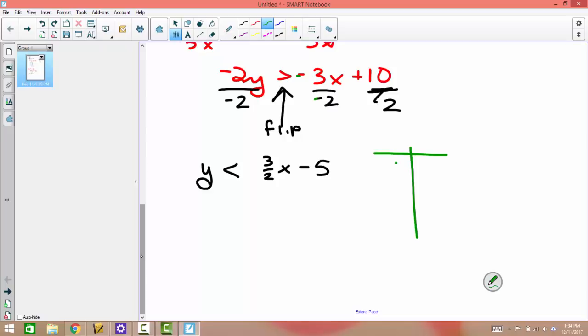So to make a table of this, 0 would give you negative 5. When you plug 1 in, as you go up by 2, because this is your run, you're going up by 3 because this is your rise.